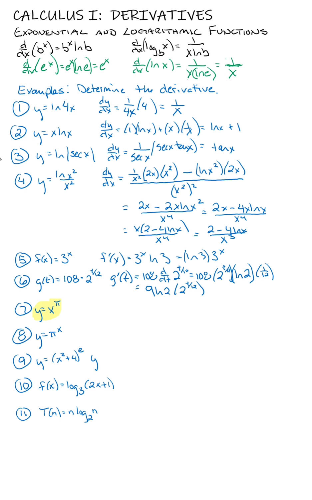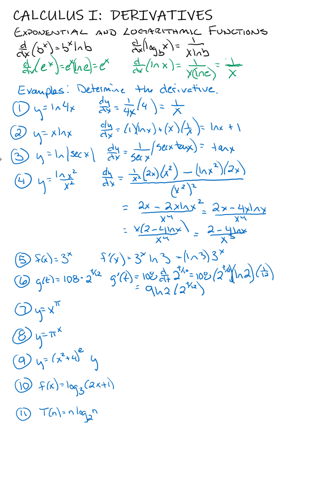y is equal to x raised to the pi. All right, this one is kind of tricky. It's here on this page of exponential and logarithmic functions. However, notice where the x is. x is not in the exponent. x is here as part of my base.